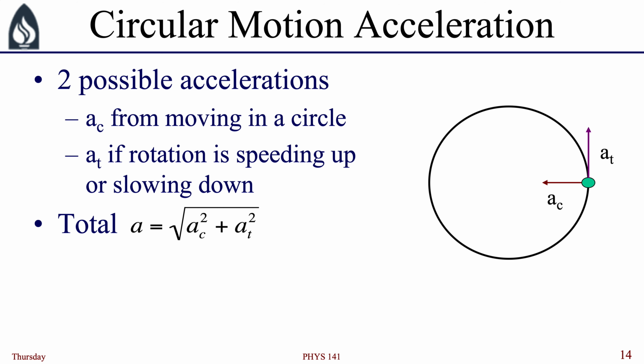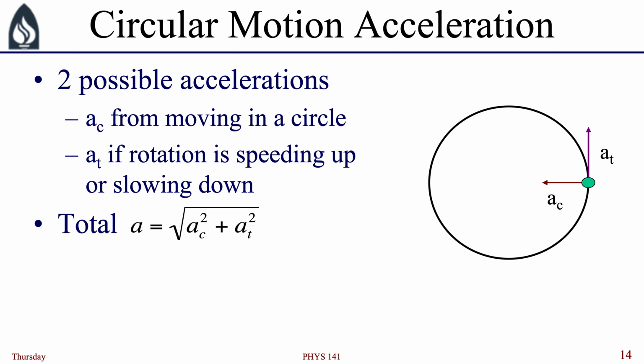So that means if you have an object that is going in a circle, there are two possible kinds of acceleration. If the object is moving, you're going to have centripetal acceleration from moving in a circle, and that is due to the change in direction of the velocity vector.